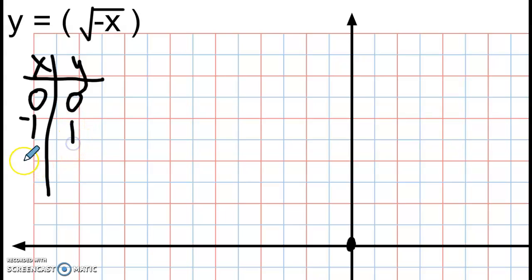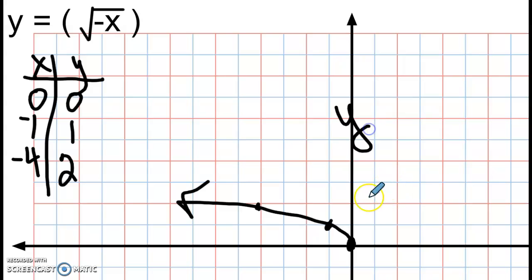I can take the square root of that. I'm going to put -4. The opposite of -4 is 4. I can take the square root of that. So we end up getting a situation where we're flipped over the y-axis. Our usual square root function is like this. We just flipped it over the y-axis when we put the negative inside the square root.